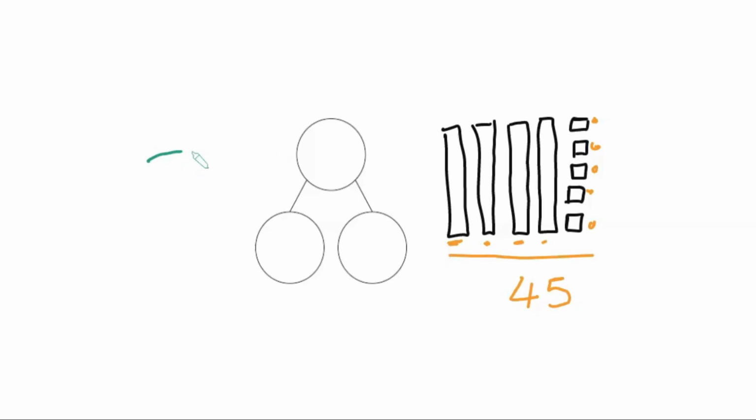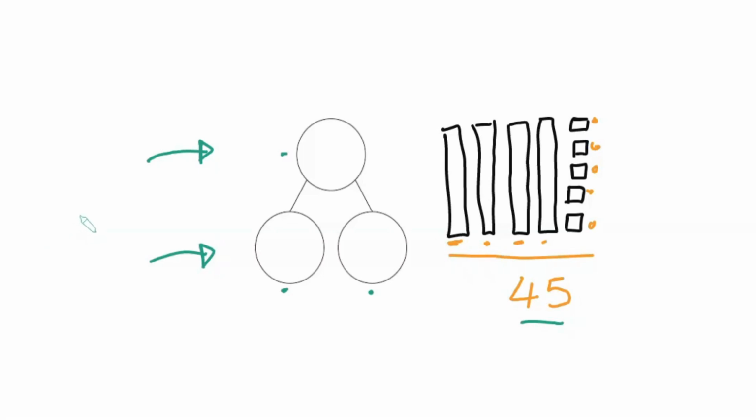Which section do you think we need to pop our whole number into? Is it this section up here? Or could it be this one here? Or maybe this one here? Which one do you think? Where does our whole number belong?